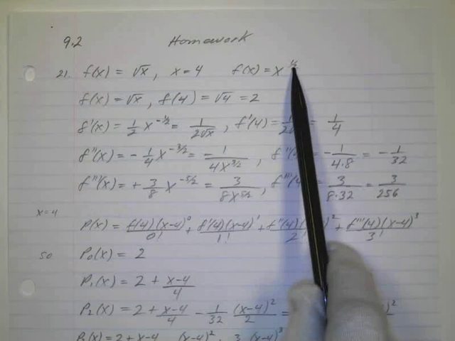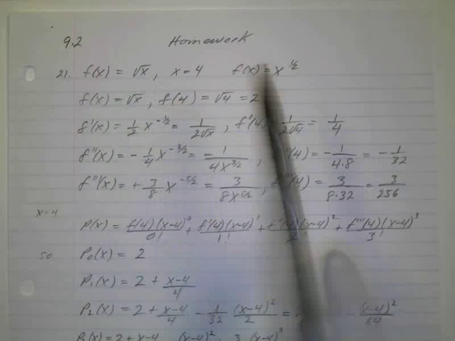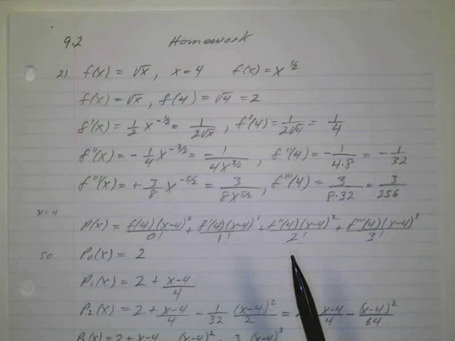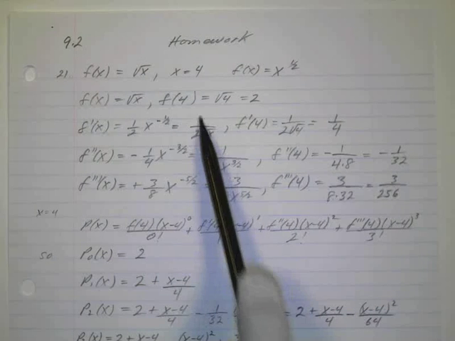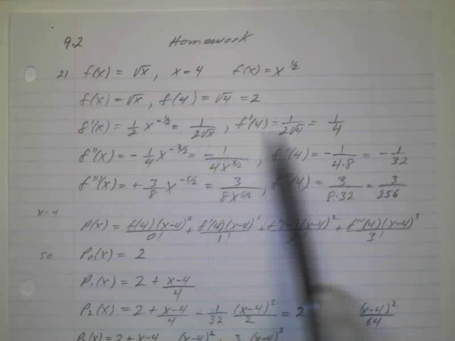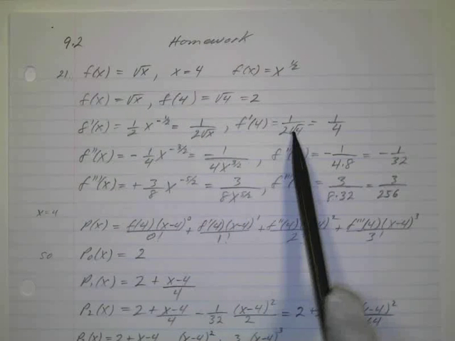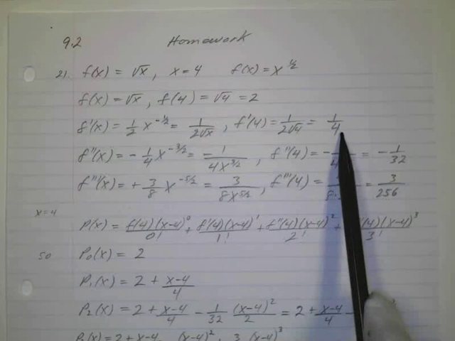So I rewrote this as x to the 1/2 when I take my derivatives, although you could have used that other form, 1 over 2 times the square root of x. So the first derivative is just 1 over 2 times the square root of x. If I want to evaluate that f prime at 4, that's 1 over 2 times the square root of 4. That's 1 over 2 times 2, or 1 over 4.